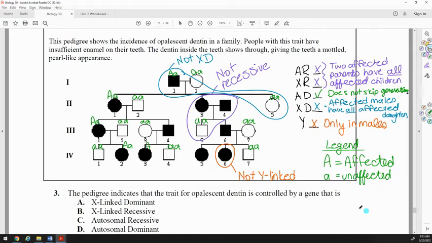And if so, their other allele must also be recessive. And that is true of everyone on this pedigree. All of them have either a child who is recessive or a parent who is recessive. So to answer number 3, the mode of inheritance is autosomal dominant.